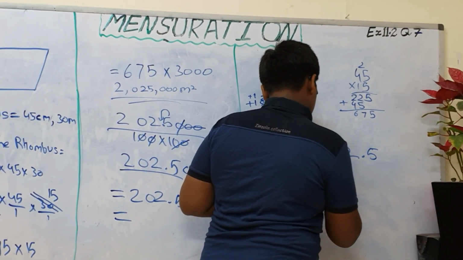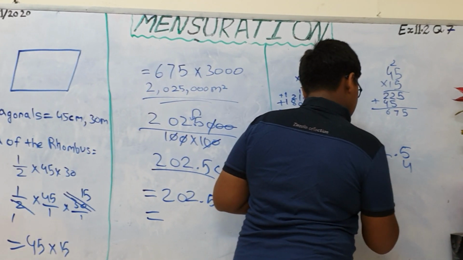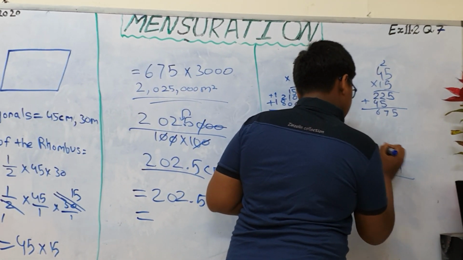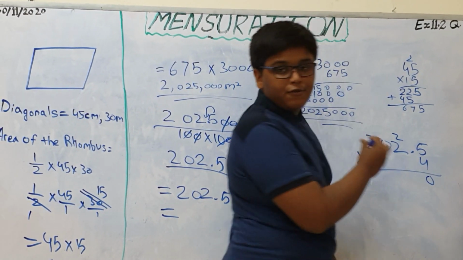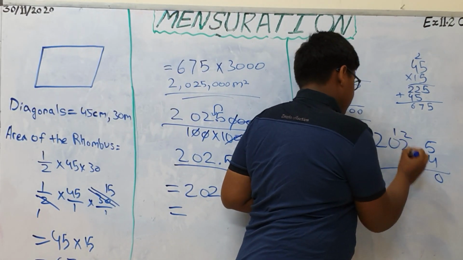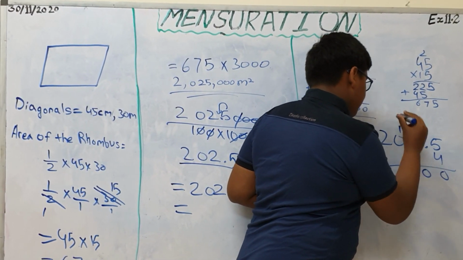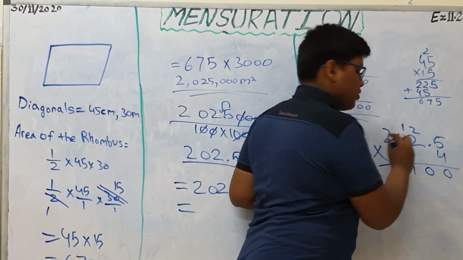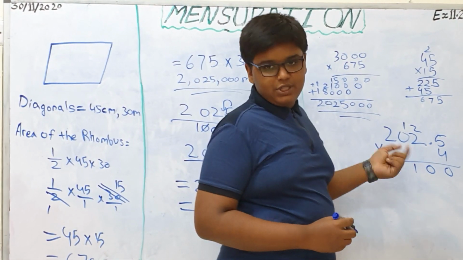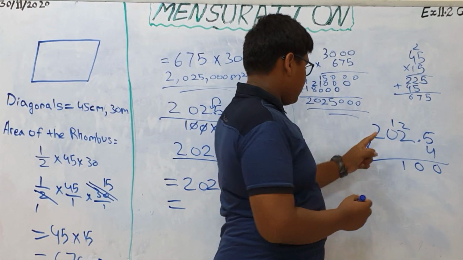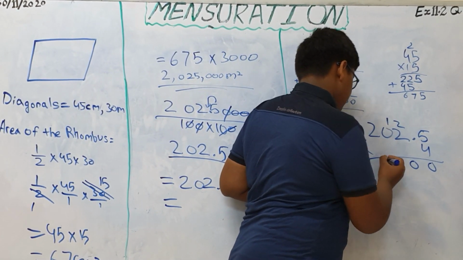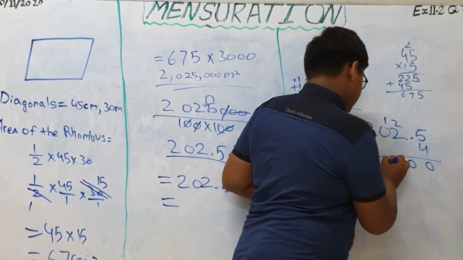Now we are going to do the calculations here. 202.5 into 4. Now 4 5s are 20, 2 carry upon here, 4 2s are 8, plus 2, 10, again one more 0, 4 1s are 4, then 4 into 0 is 0, then the 1 here carry upon, then 4 2s are 8.